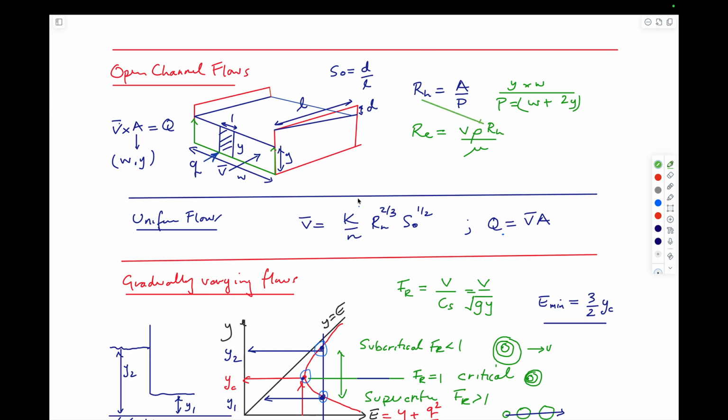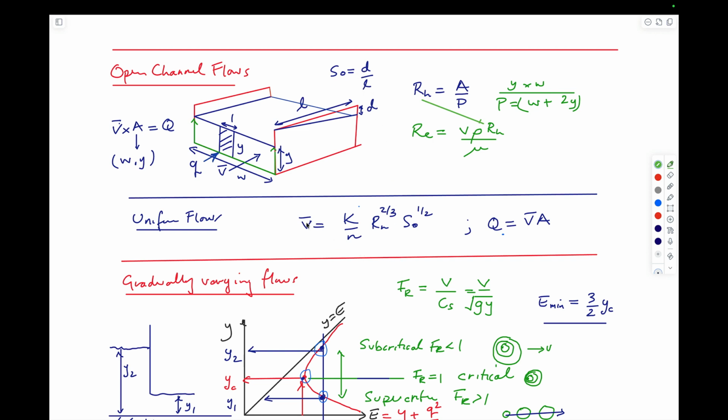For uniform flows, we can use the Chezy formula, which for SI units has a 1 over n, where n is the Manning coefficient, which is really a roughness coefficient. Then the hydraulic radius raised to the power 2 over 3 as defined here, and the slope of the channel, which is just the drop per unit length of the channel.